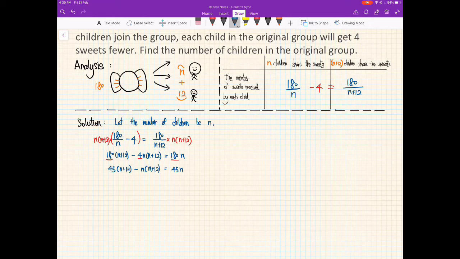We can now expand the brackets. Since we have 45n on both sides, they will cancel out. Let me rearrange the terms.